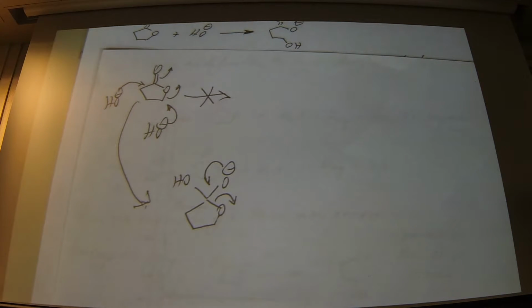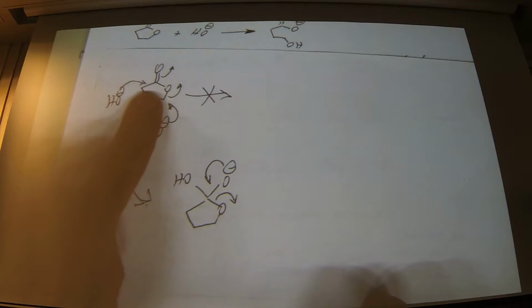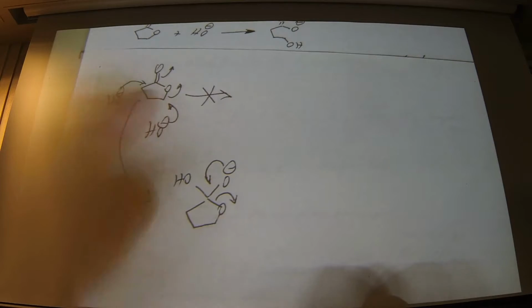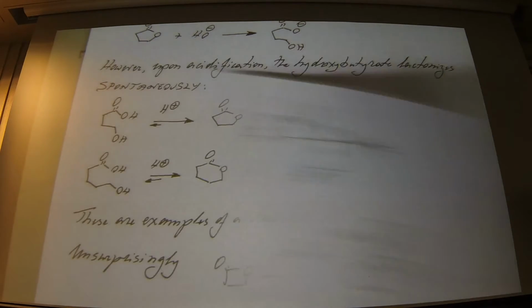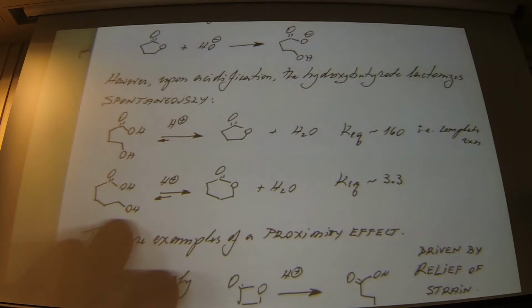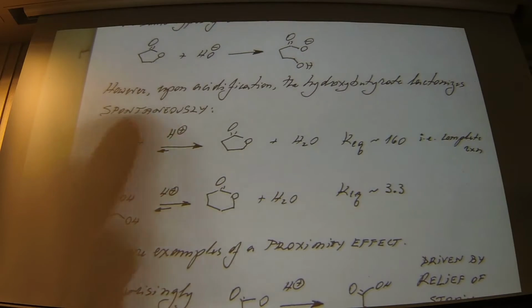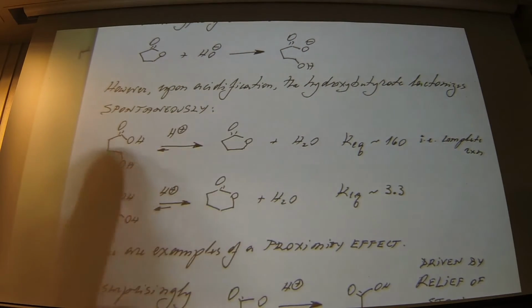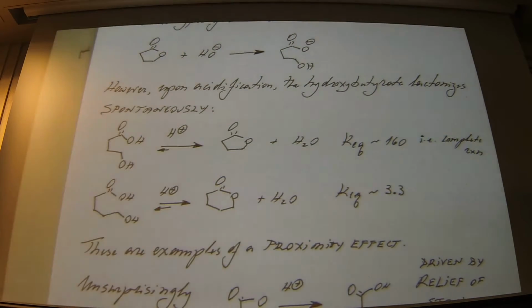Okay, and so please remember that just because it's cyclic doesn't really mean anything. It's just the same thing. So if I just ignore that chain being there, then the mechanism is identical. Now, one difference: if I take the hydroxy acid and I treat it with acid, then in the case of the 5-membered ring, the lactone is formed spontaneously.